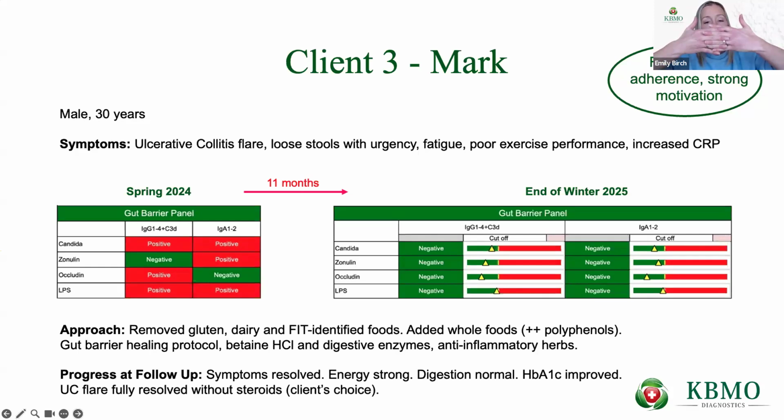Now it's zonulin protein antibodies in this case that will appear as those tight junctions are being pulled apart. So zonulin's function is keeping those junctions tight together. Occludin has to do with the integrity of the gut barrier.